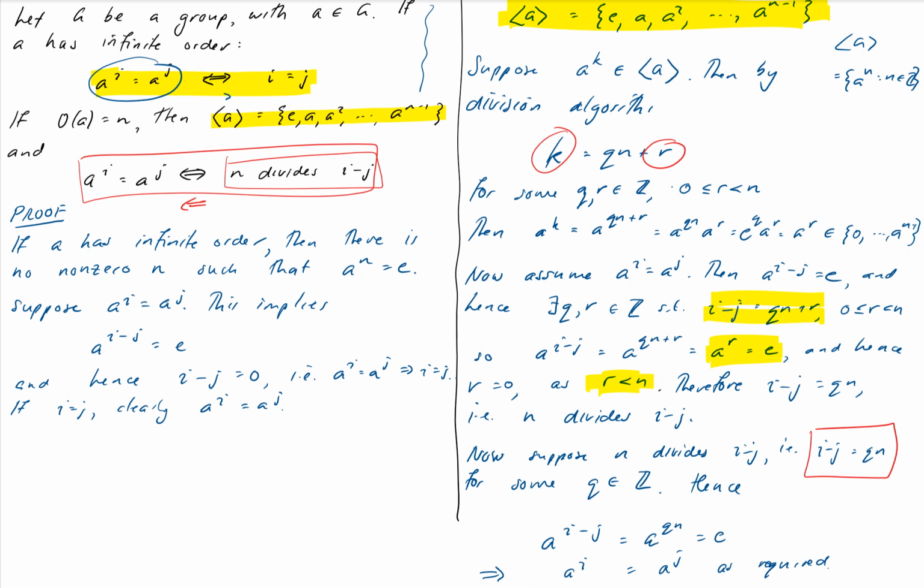So that was just a preliminary theorem that we needed to get out of the way, because we need to be pretty clear about when it is that a to the i equals a to the j, because we can get a little bit muddled up and be tempted to draw the conclusion, as in the infinite order case, that if a to the i equals a to the j, then the exponents must be equal, because that's what we get in regular calculus with the exponential function. But here, if we have finite order elements, it means that i and j differ by a multiple of n, so it's not quite the same thing.